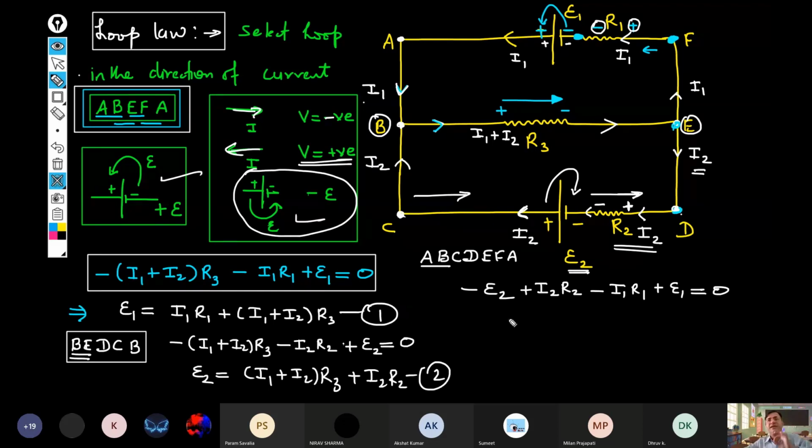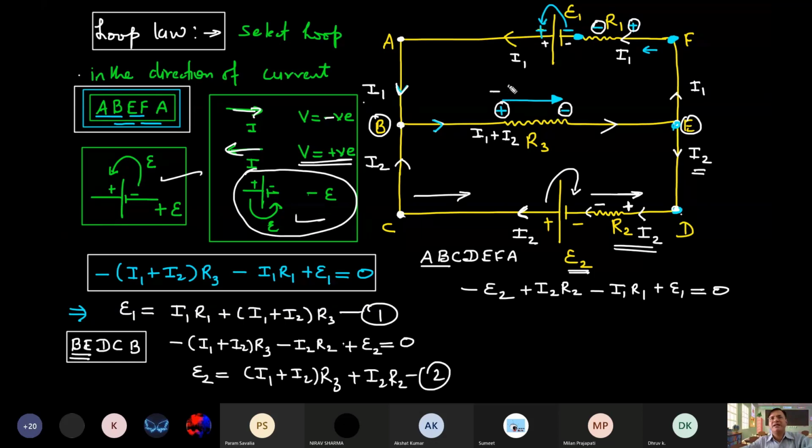See, when we are moving in the direction of current, it means from higher potential to lower potential. Yes or no? Yes. So higher to lower, what we will write? Minus.